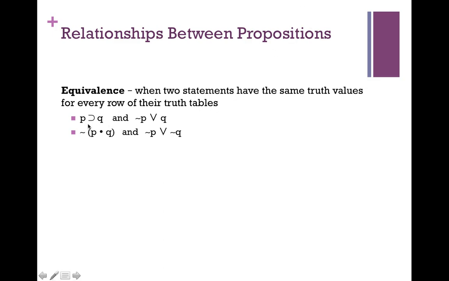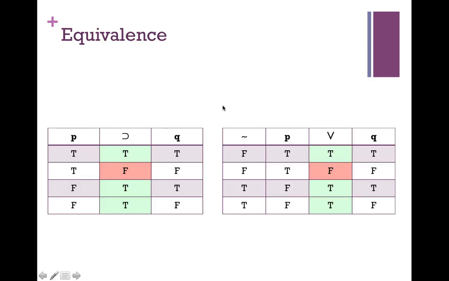So look at this right here. We're going to do both of these: if P then Q, and not P or Q. Let's construct our truth tables, and we can go ahead and see these. I've taken the liberty, and this truth table right here is just the truth table for the conditional. Nothing terribly fancy or out of the ordinary there. This one over here, I had to do a little bit more work. You see here we're using not P, but I constructed the truth table for it.